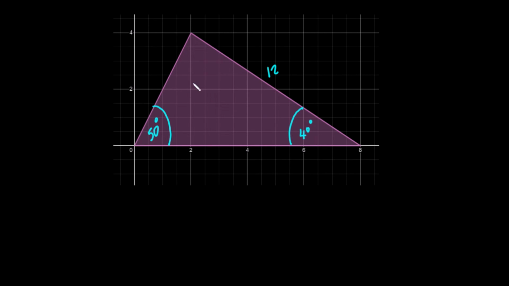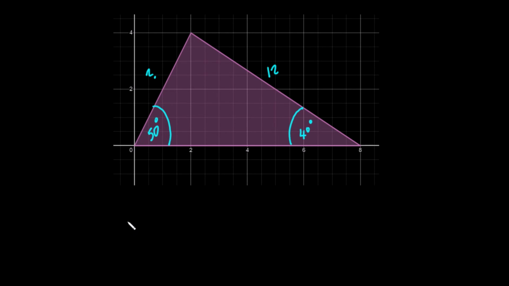And we're asked to find this length here. So that's the length we want to find. Now we can use our sine rule for this. If we say that this is the angle A, and this is the length a, and this is the angle B, and this is the length b.